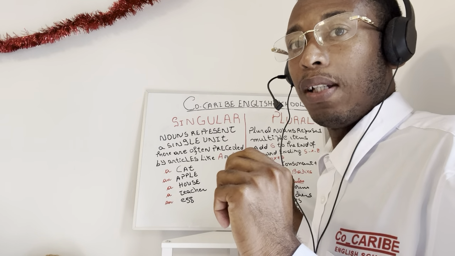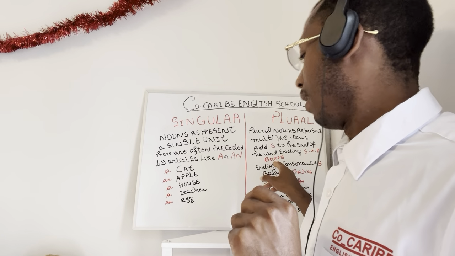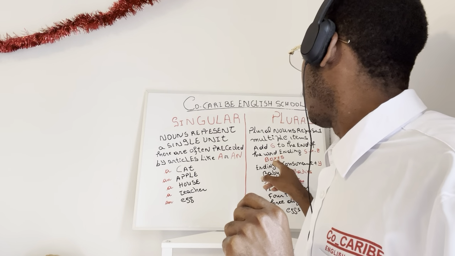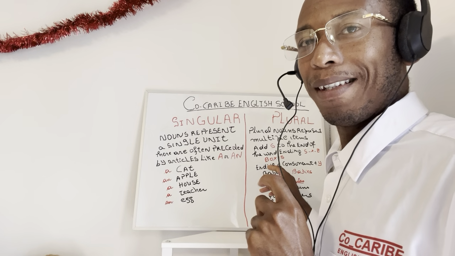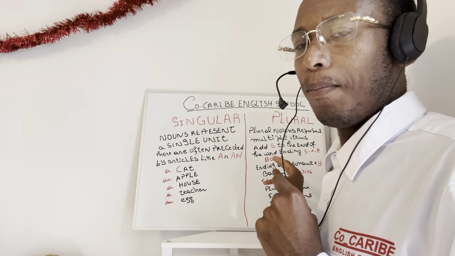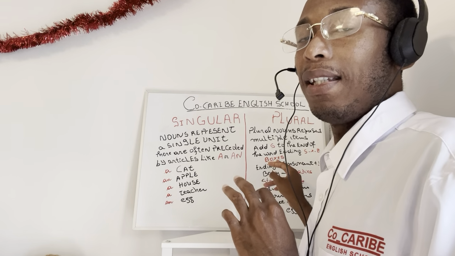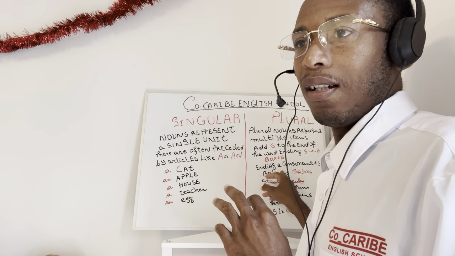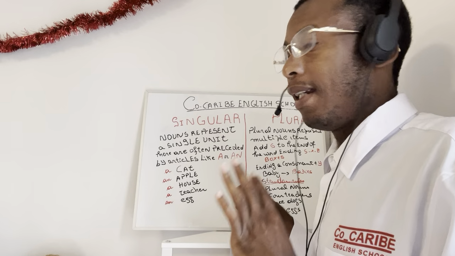This is the rule in English. So for box, the end of the word is x. You have to add es at the end of the word because the end of the word is x. You have to know that because it's very important. You have to know the rules in English.